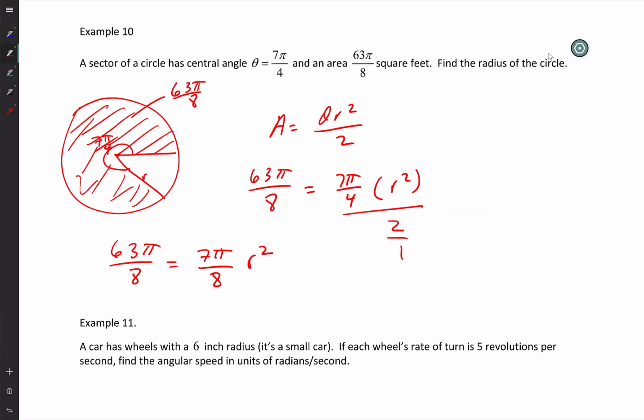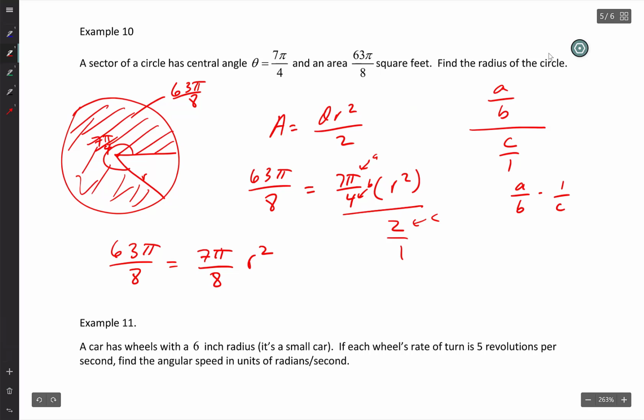Okay, all I did was this, A divided by B divided by C. So this is like A, this is like B, and forget this r squared is even there. And that's like C. So I'm not saying C over 1. I can just do keep, change, flip. A over B times 1 over C. That's just A over BC.